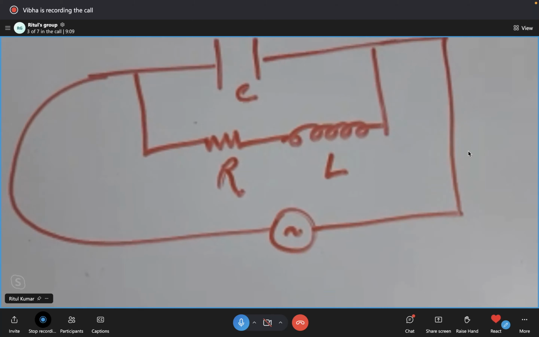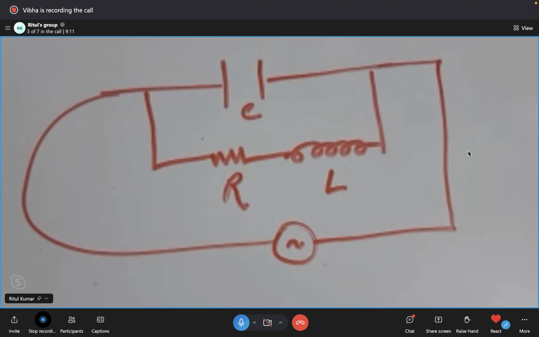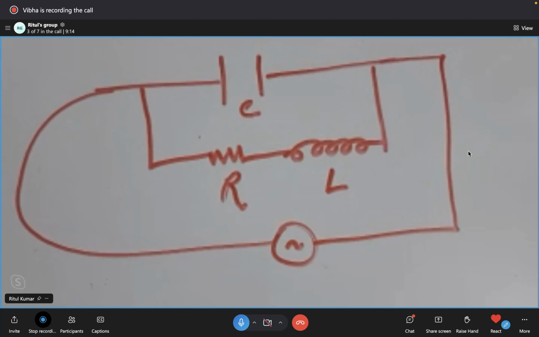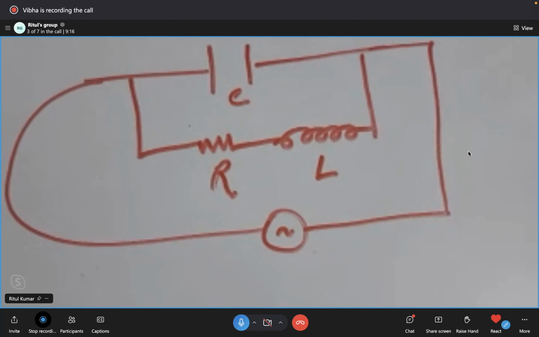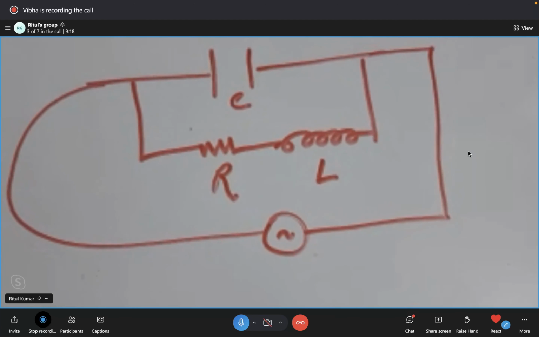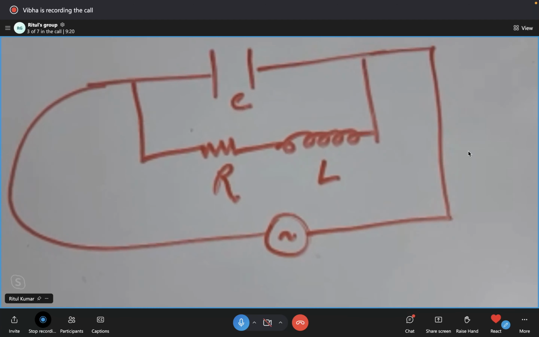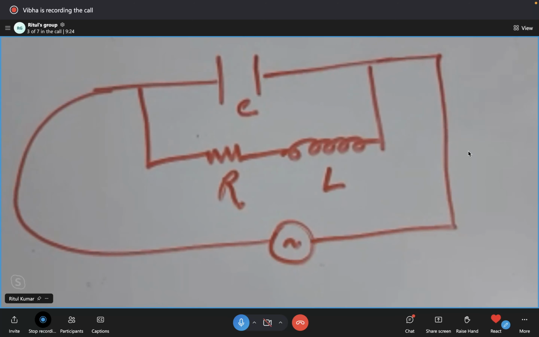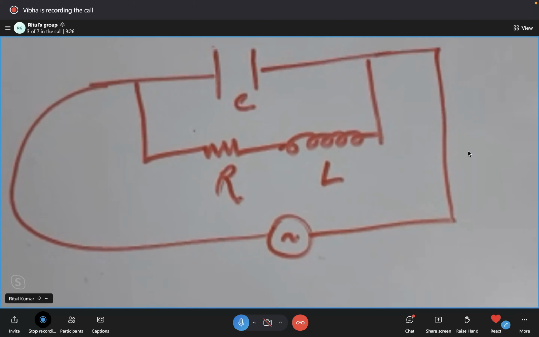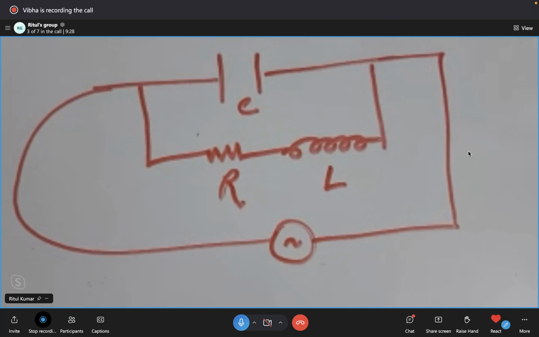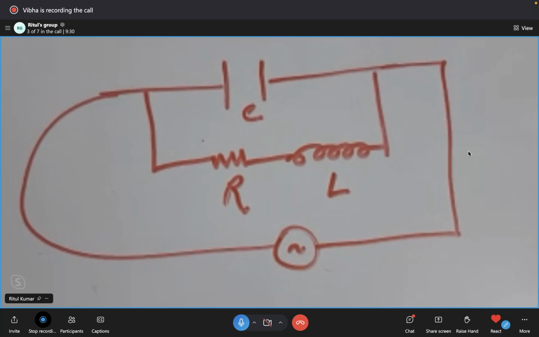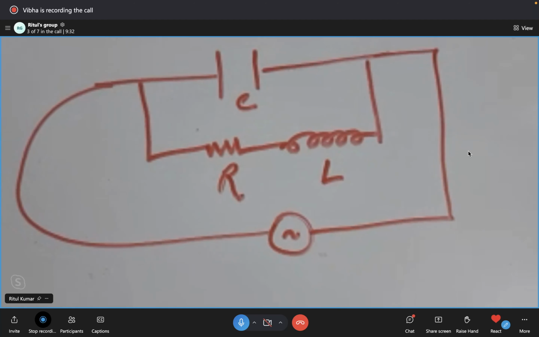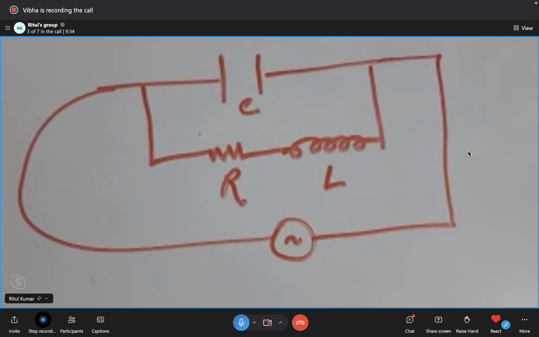Let me ask you, in this combination, if it's asked, find impedance Z for the circuit shown, how will you go about finding Z? It is a parallel combination, right?